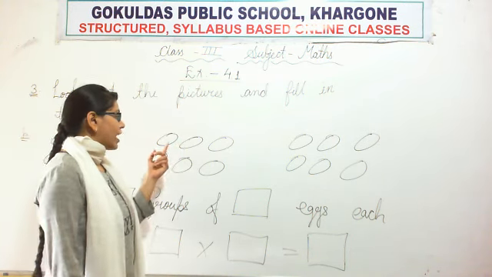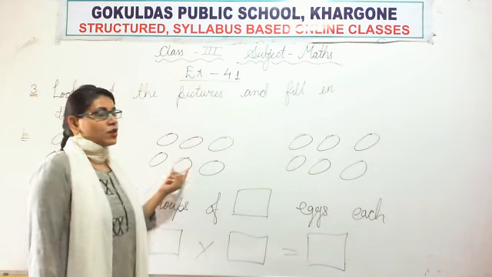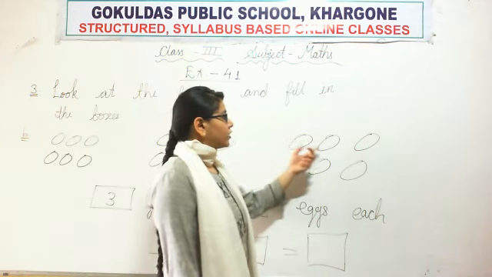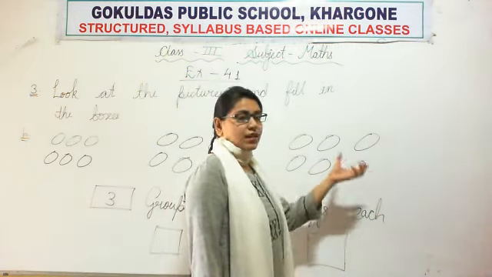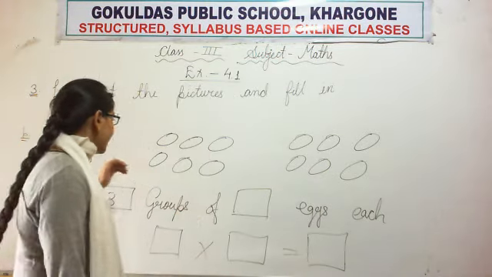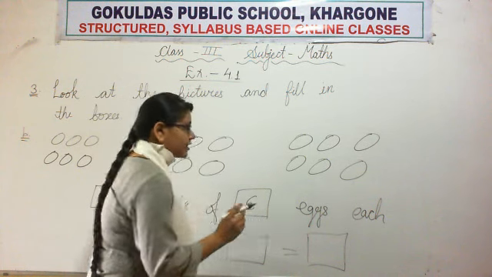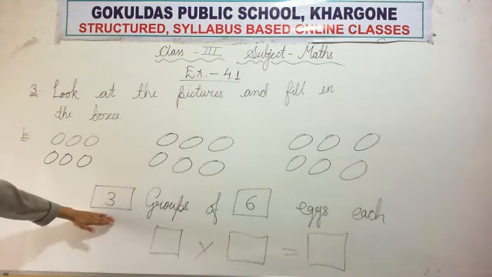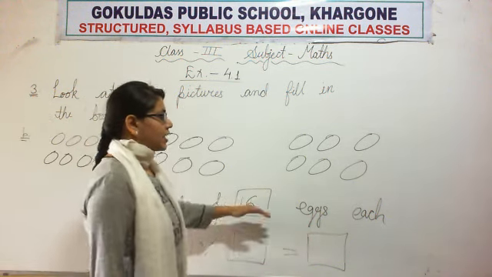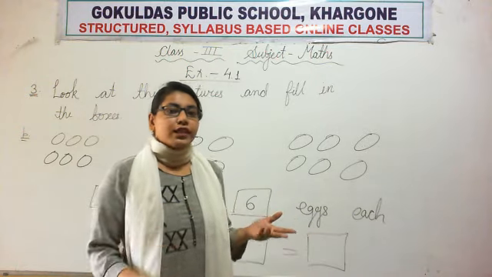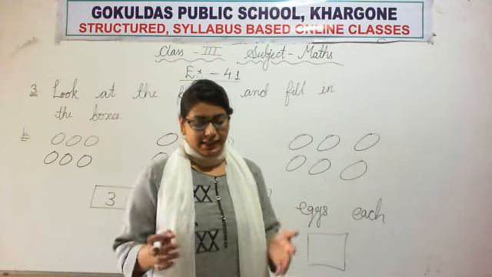Let's count this one. 1, 2, 3, 4, 5, 6. Now 6 eggs in this group. 1, 2, 3, 4, 5, 6. 6 eggs in this group. It means all the 3 groups are having 6 eggs each. Okay. So 3 groups of 6 eggs each.